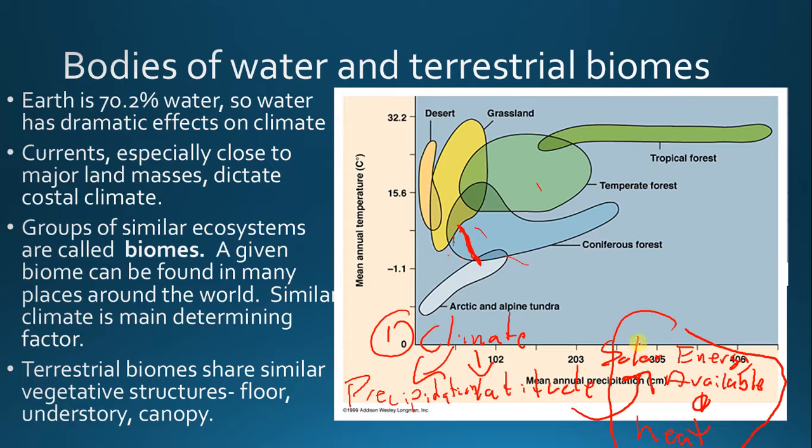High precipitation, high mean temperature, tropical forest. High mean temperature, low precipitation, desert or grassland. High precipitation, not a great mean temperature, the coniferous and temperate forests. And low temperature, low precipitation, Arctic and alpine tundra. So temperature and precipitation are the two axes that we really look at terrestrial biomes through.